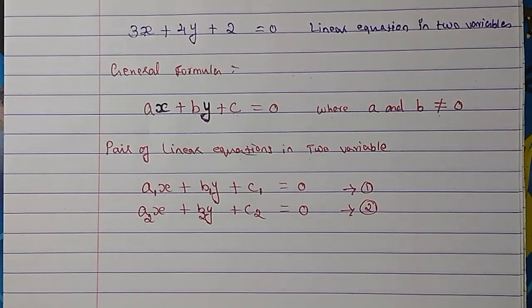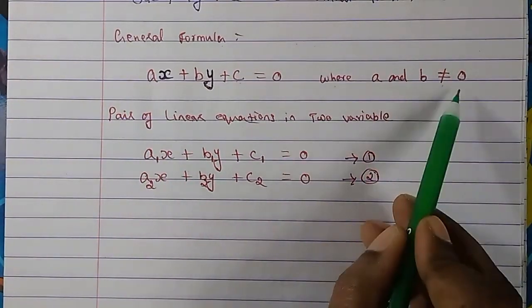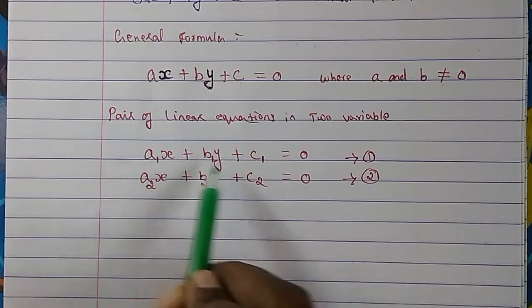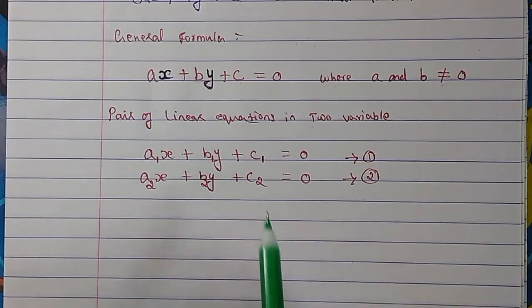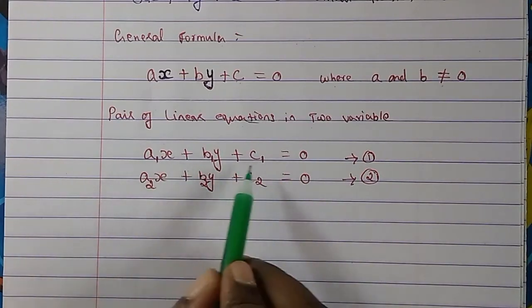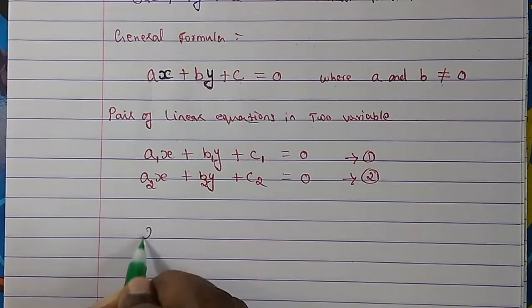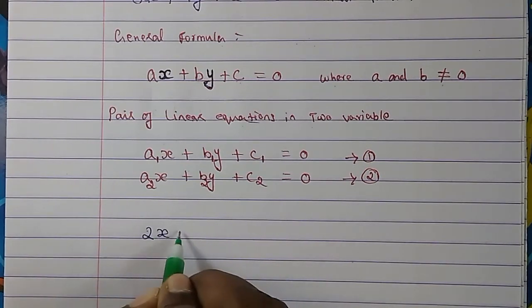Now if you know this general formula, you can make your own equations. Now as I said, a and b should not be 0. So in the place of a, b, c, you put any number and make your own equations. So first let me write for the first one. In the place of a1, we have to write any number. So we'll write 2x.